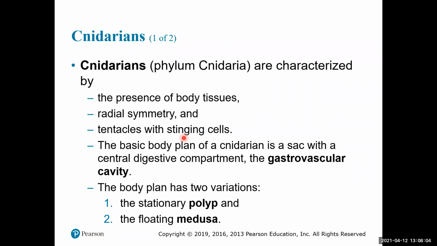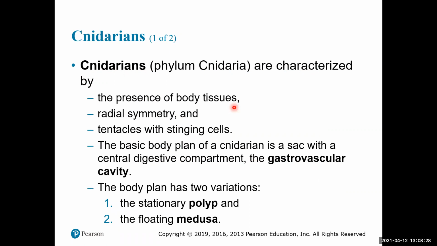All right, so the next phylum is the phylum Cnidaria. So this contains the organisms that we refer to as Cnidarians. Cnidarians are like your sea anemones, your jellyfish, etc. Cnidarians are the first animals that have body tissues. However, they only have two tissue layers.